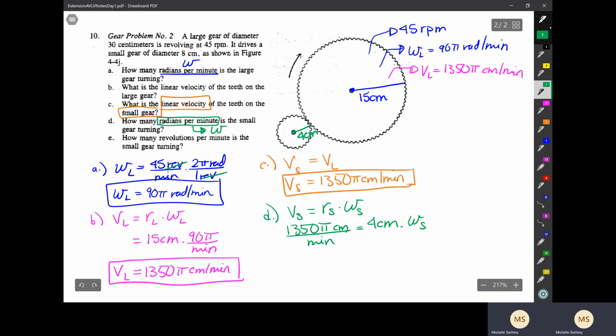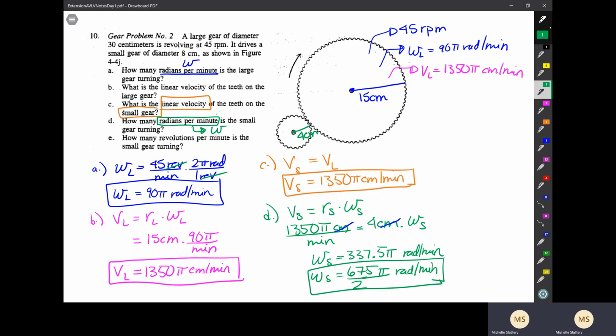I calculate that and make sure my units match up so I can cancel my centimeters. I divide and I get that my angular velocity is 337.5 pi radians per minute, which is 675 pi over 2 radians per minute.